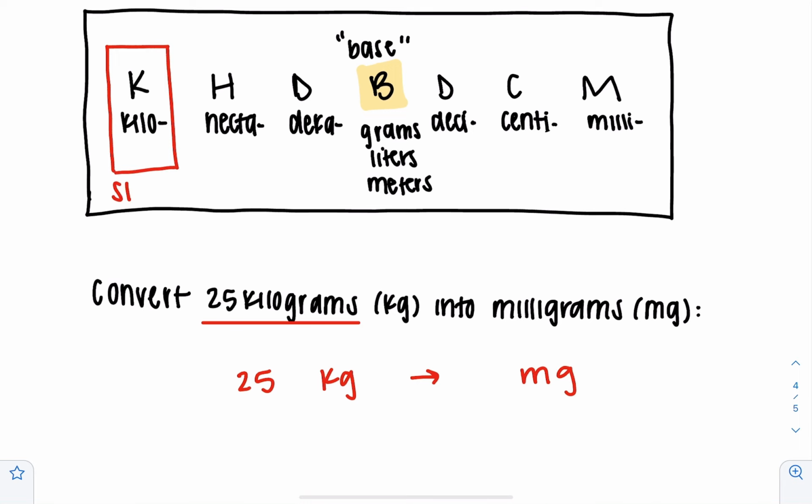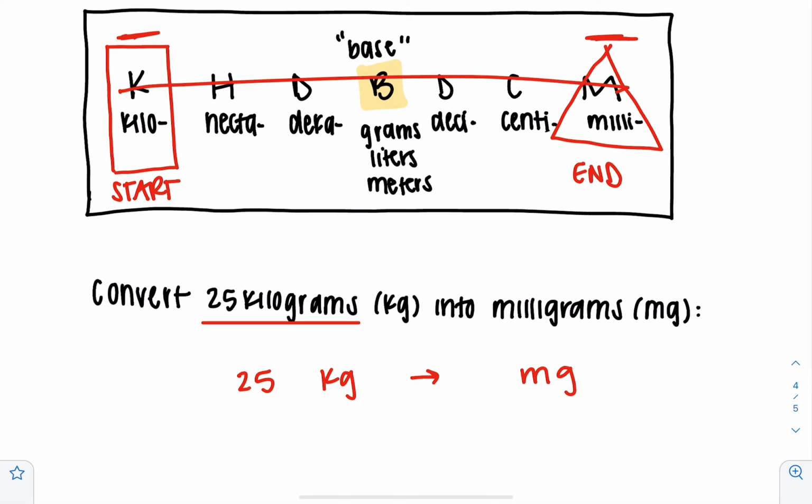And I'm just going to write start. And our end point that we want is to get to milligrams. So that's going to be here at the M. This is the end point. Now, how do we get from this point to this point? We can't just simply go straight across and think that we can convert straight from kilo to milligrams.